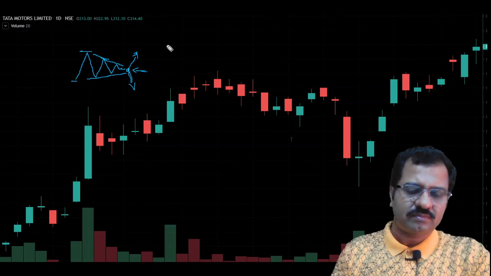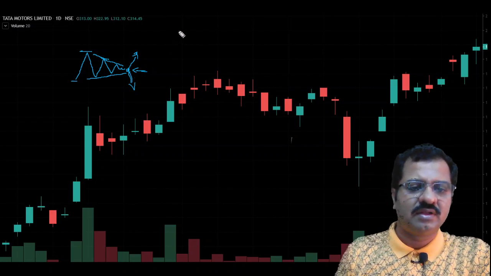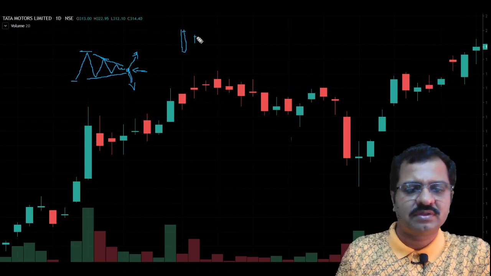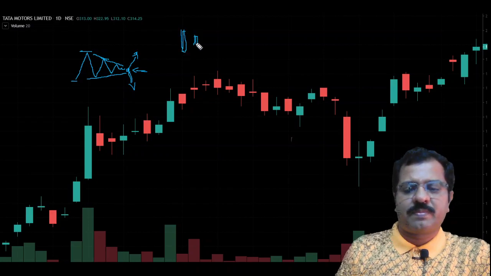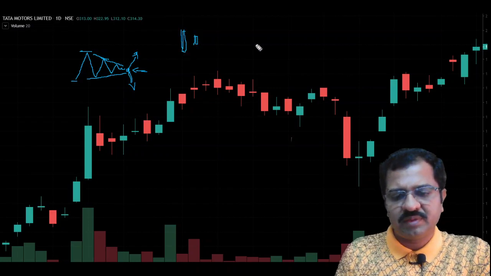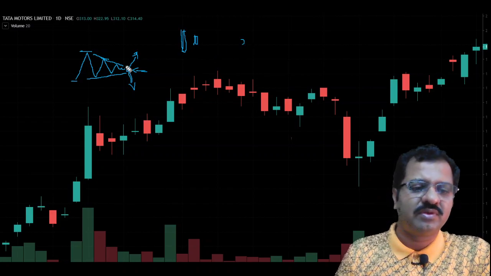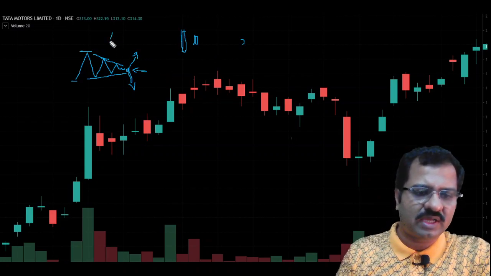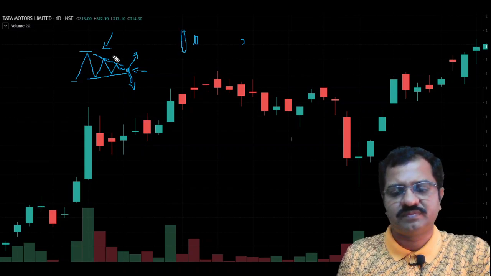Now the insider candle, in the daily time frame, if you are seeing candles like this, in a lower time frame, if you go to the 15-minute time frame, you will exactly see this structure.